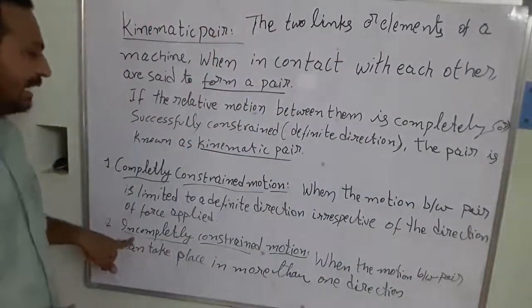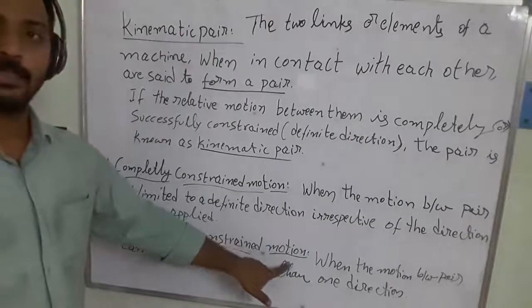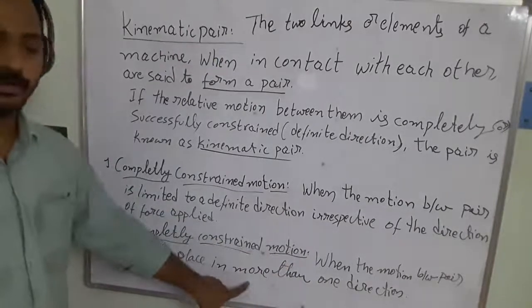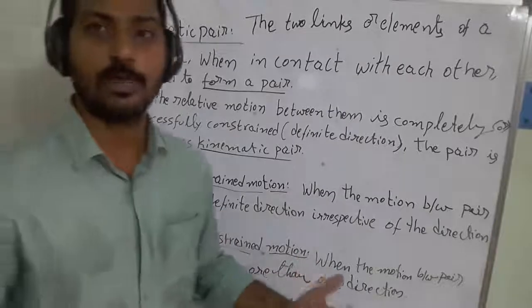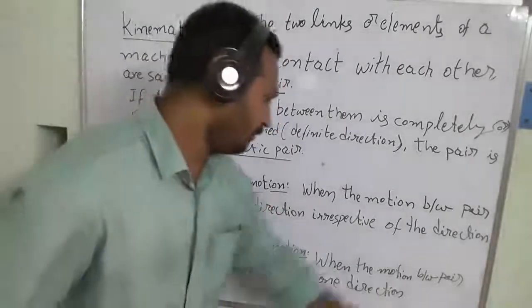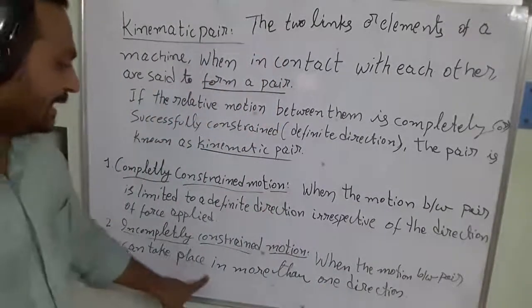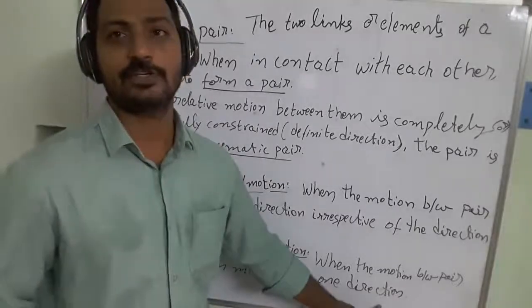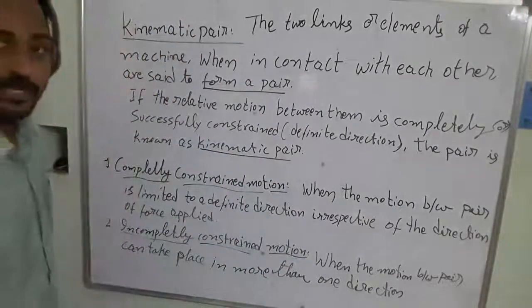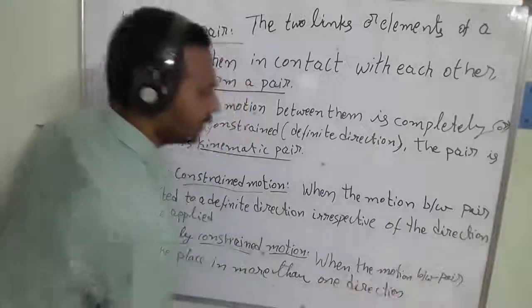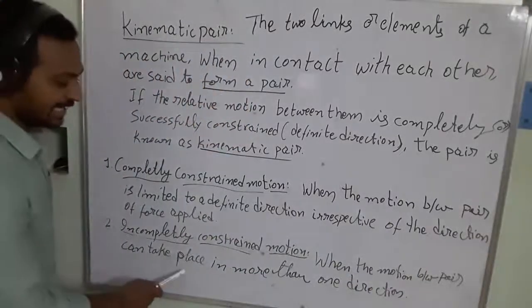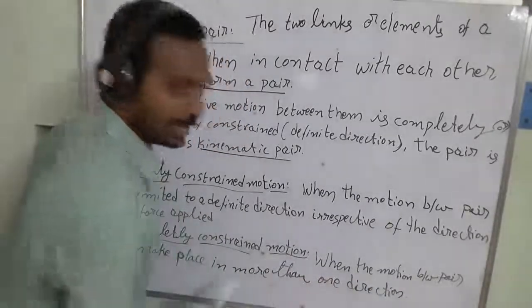Then what is incompletely constrained motion? In this case also we will get motion. What kind of motion? When the motion between the pair can take place in more than one direction.